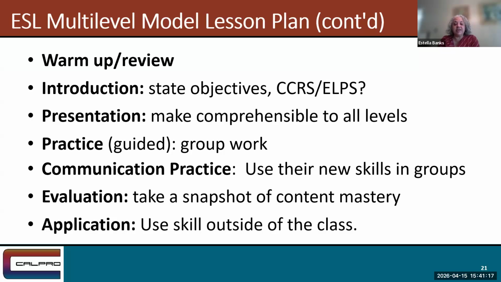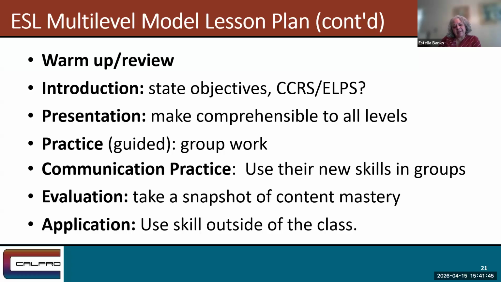And in the presentation, you're making the content comprehensible to all levels. So this is where you're teaching the lesson and teaching the content. The practice is usually guided. This is where you're going to do group work with cross-ability or like-ability groupings. And then you get into communication practices where they're using the skills in their groups.